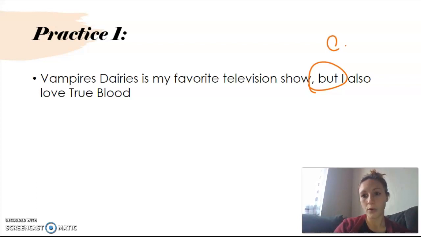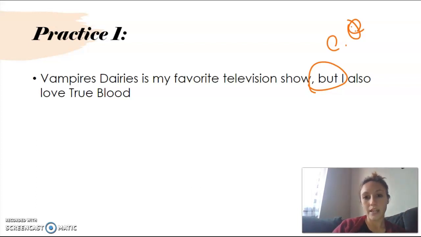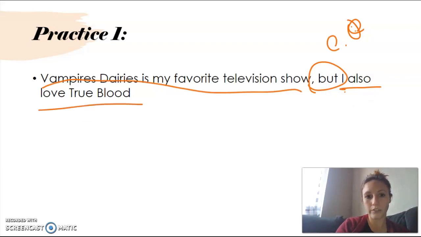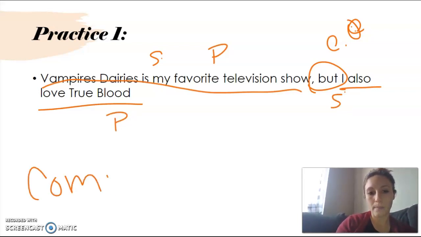And this is a fanboy conjunction, so this is a coordinating conjunction. Okay? And then it has our Vampire Diaries as part of the television show, and I also love True Blood. Vampire Diaries is my favorite TV show. So Vampire Diaries is our subject, is my favorite TV show is our predicate, I is my subject, love True Blood is my predicate. So therefore this is a compound sentence.